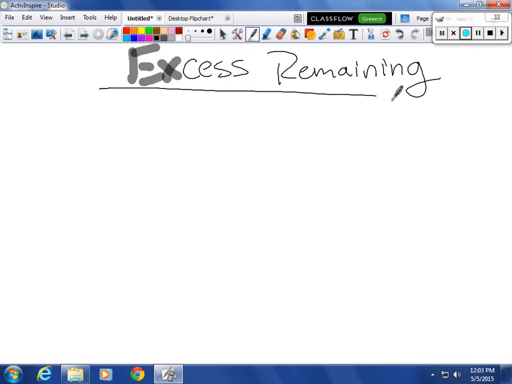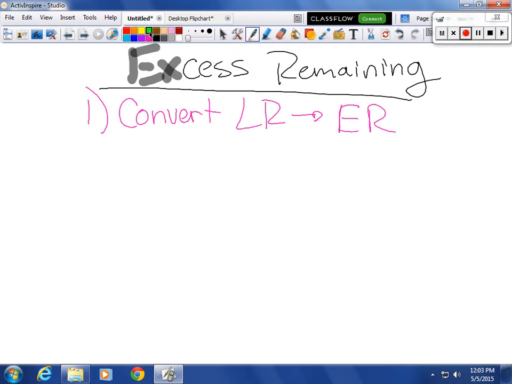Okay? Step 1. Convert LR to ER. And there's a little factoid that you need to know. This gives you used.